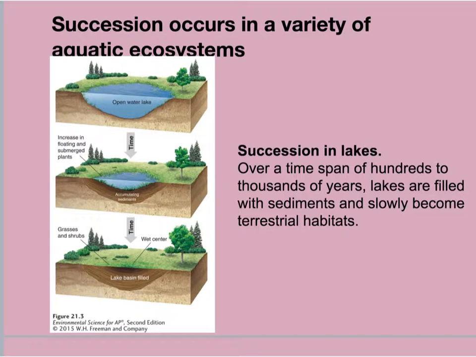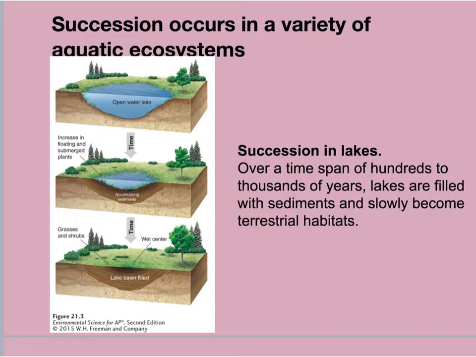In this figure, you can see the pattern of succession in a freshwater lake. A glacier may have come and carved out a lake basin, scouring away sediments and vegetation. Over time, algae and aquatic plants colonize the lake.